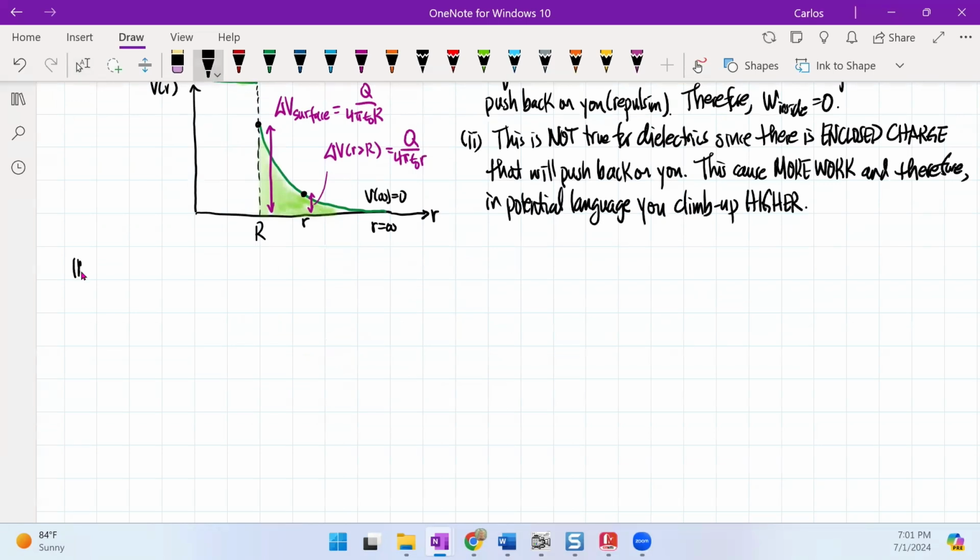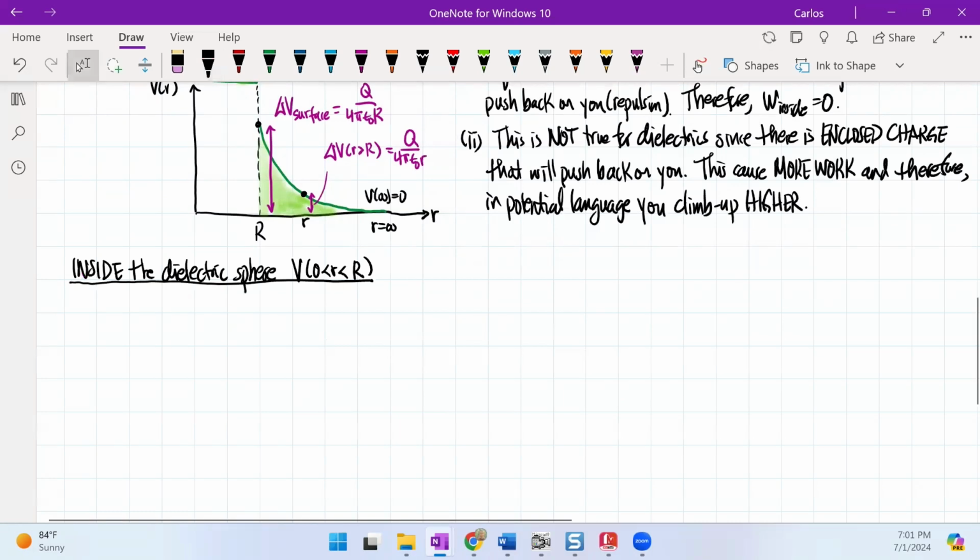So now we are inside the dielectric sphere. And this is the potential between 0 and big R. So let's go back and get our initial picture.